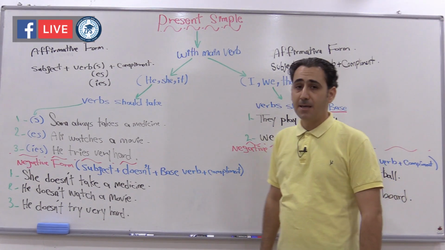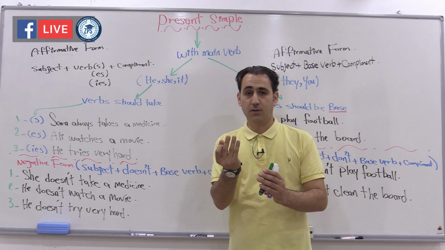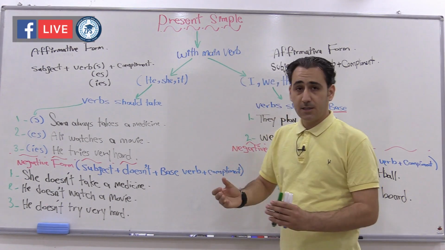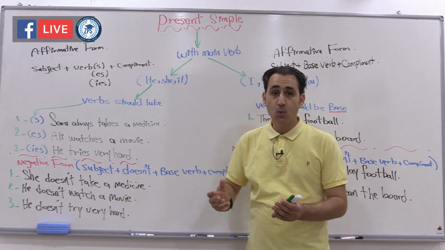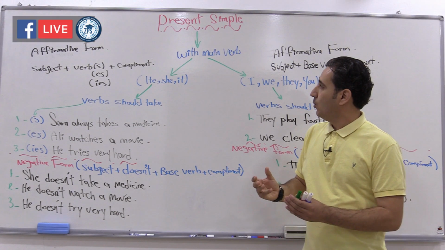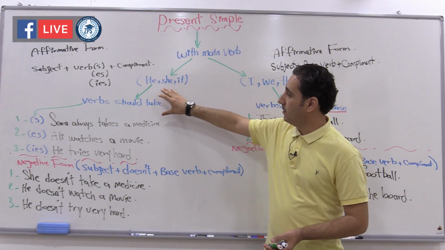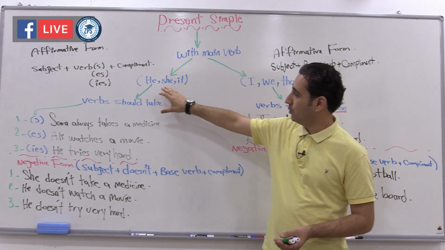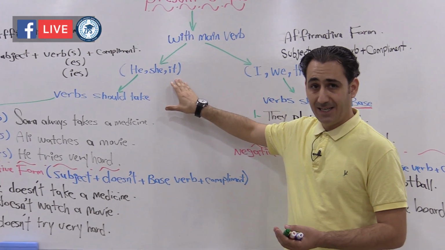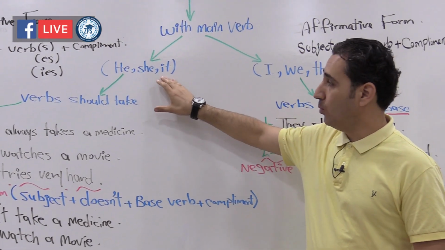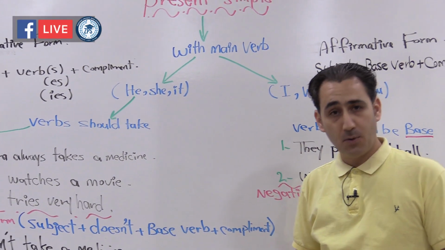Actually, we can divide the present simple into three categories, okay? The first category is with the main verb. How can we make the present simple with the main verb? We can make it by dividing into two parts. The first one is with the pronouns he, she, and it. We can call these singular pronouns.